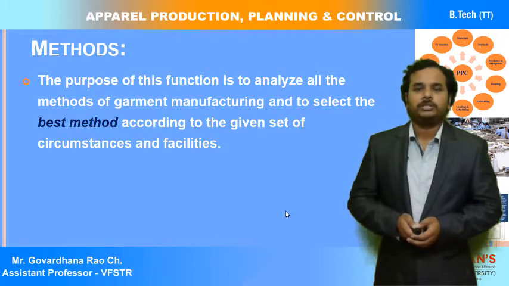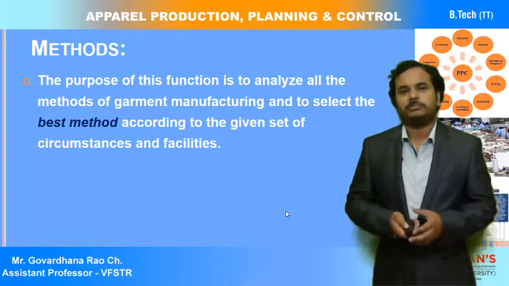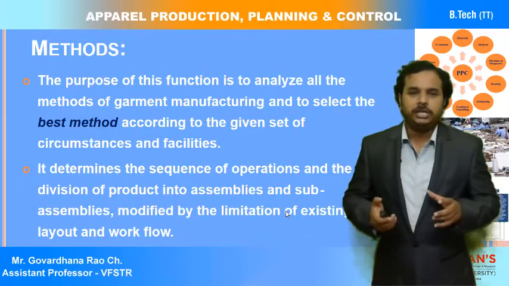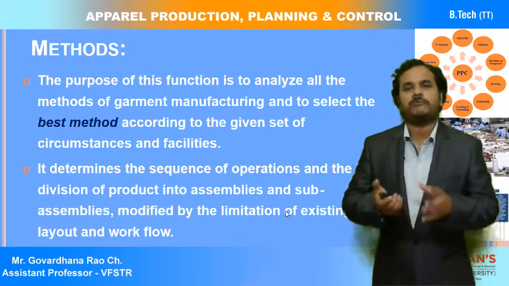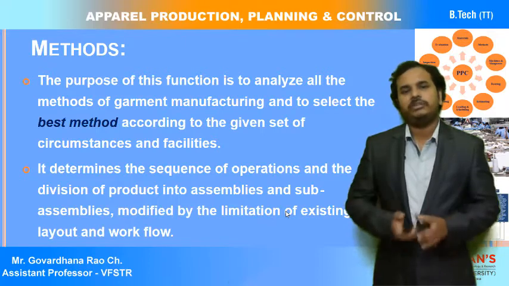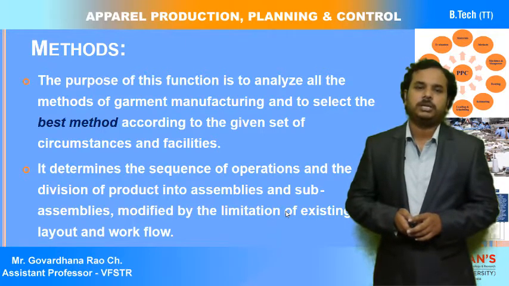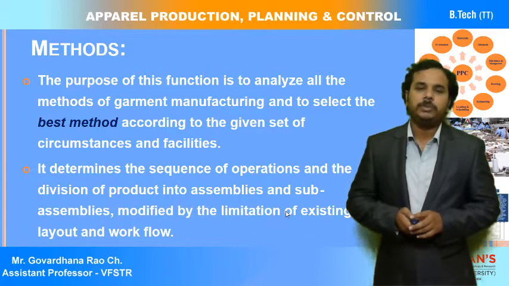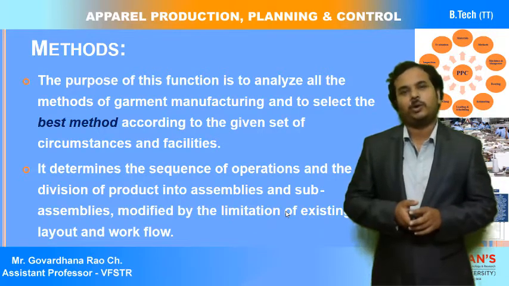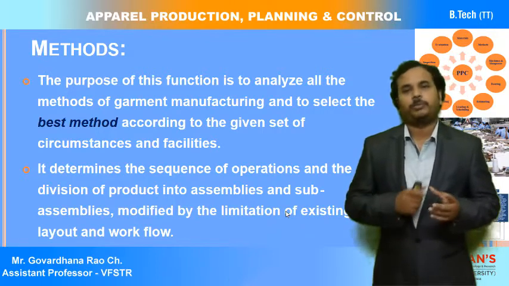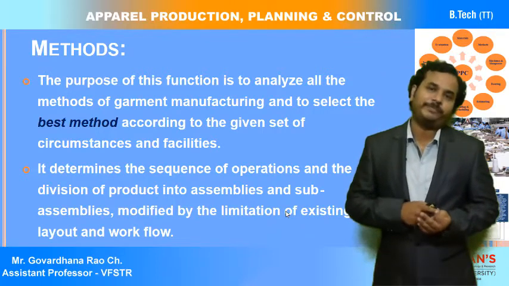This is a set of circumstances in the facilities, and it determines the sequence of operations and the division of the product into assemblies and sub-assemblies, modified by the limitations of the existing layout or workflow. So it is the best method for production as well as for the flow of material.